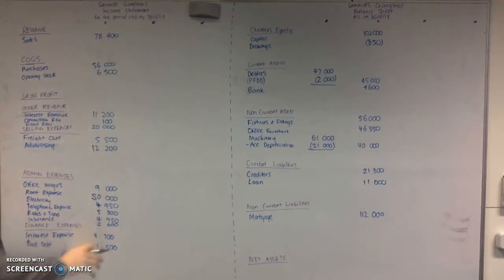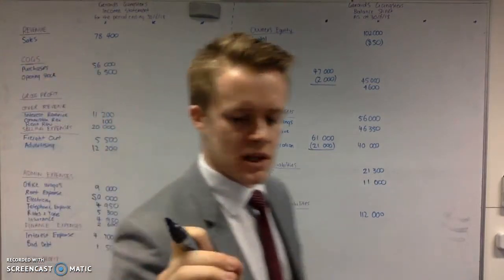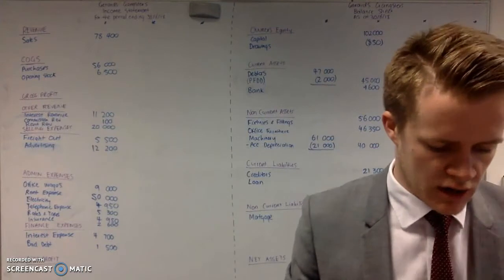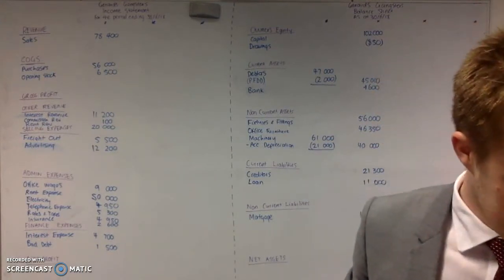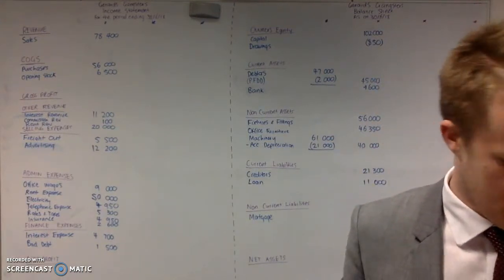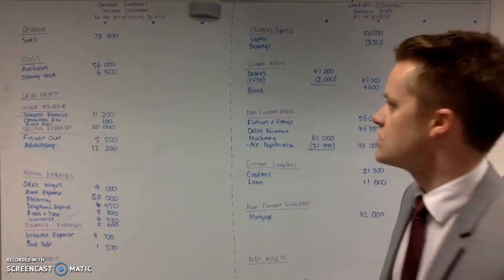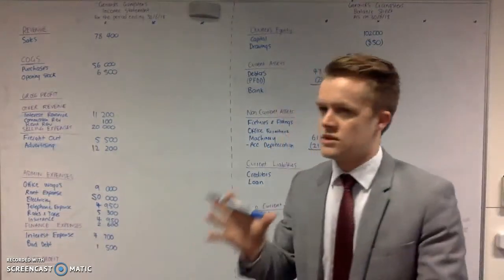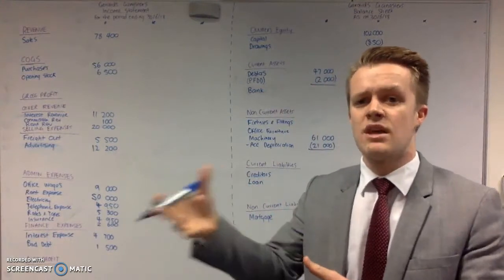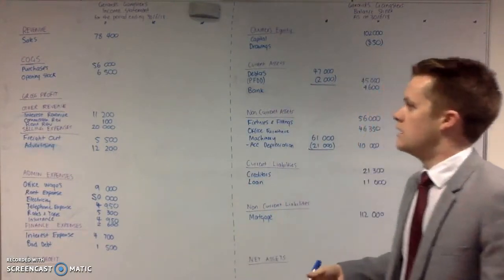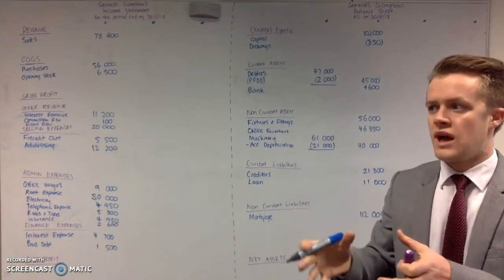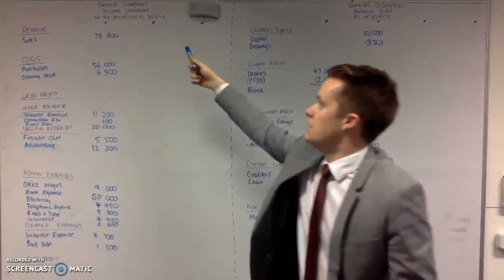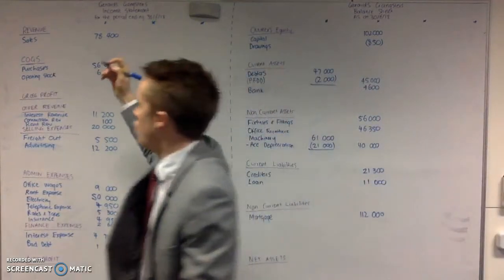Okay, there's one more, closing stock. This will be in the dot points of your additional information. Closing stock: a stocktake was performed, revealing $5,000 of stock on hand. The stocktake is performed at the end of the accounting period, so that's the stock level we have on the last day. That's our closing stock.